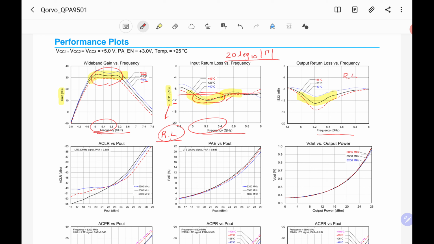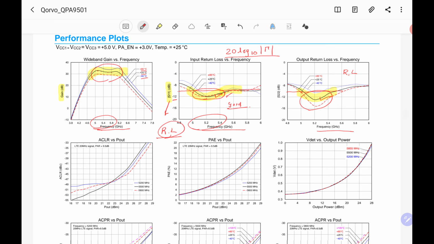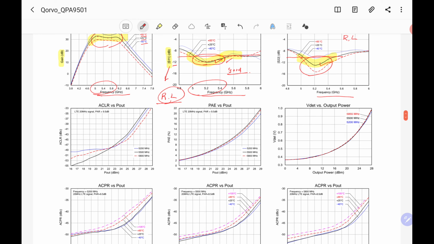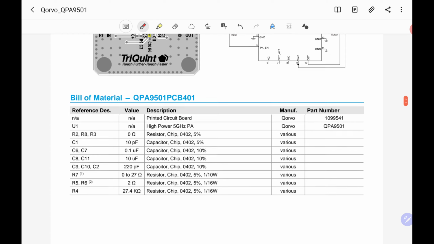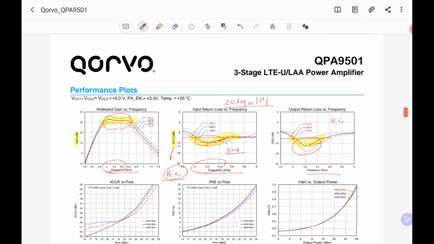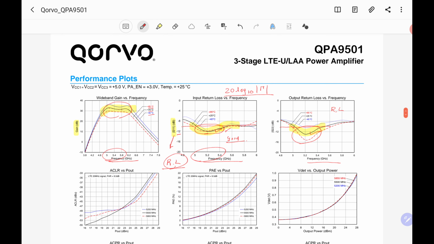So they have this minus 10 dB line. This works here, right? So the PA's return loss performance is lower than minus 10 dB. So this is good, right? So this is a real spec, so you can utilize your information about reflection, insertion loss, and return loss in real applications.